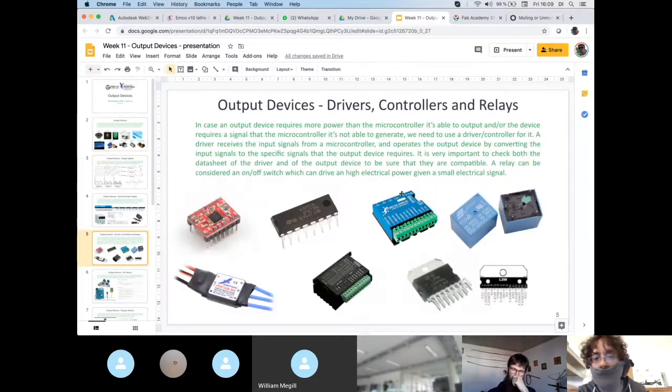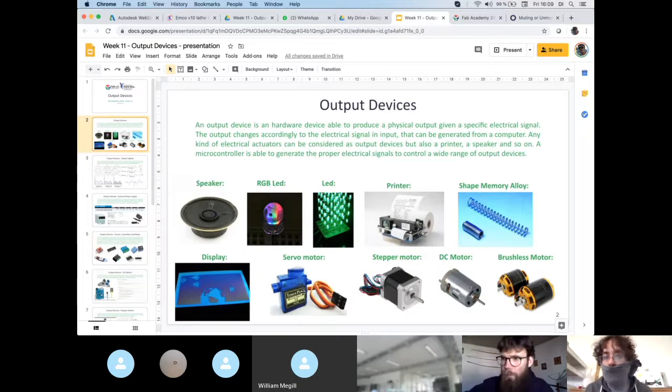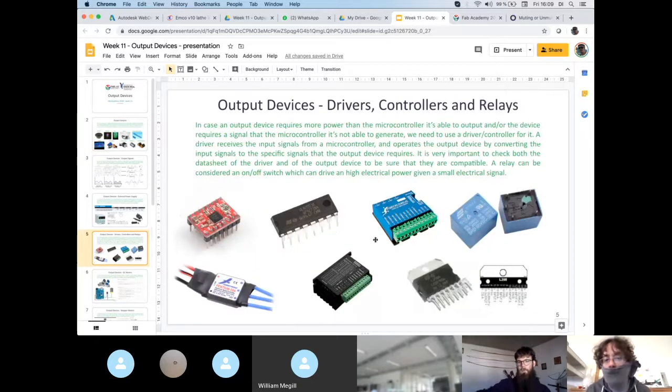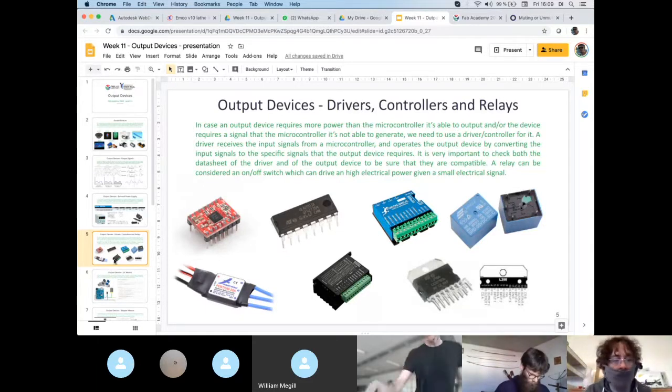Outside, they look similar to these ones over here, but they are much more complex, and they can vary the way that they work according to the kind of servo motor that you have. So for the small servo motors, you don't need any driver. For the big ones, you need a specific driver, similar to this one in shape, but with different ways of working according to the servo motor that you want to drive.